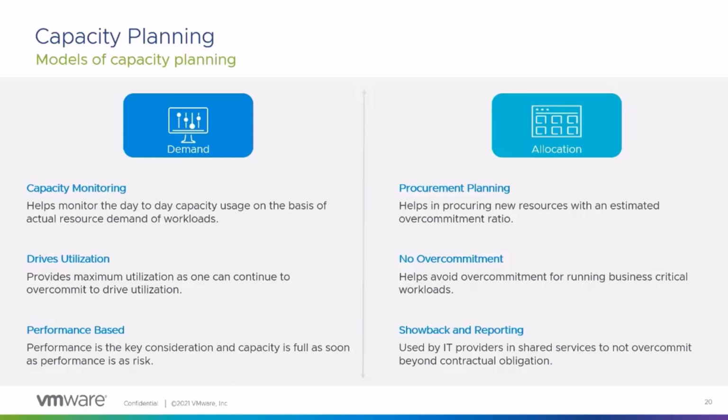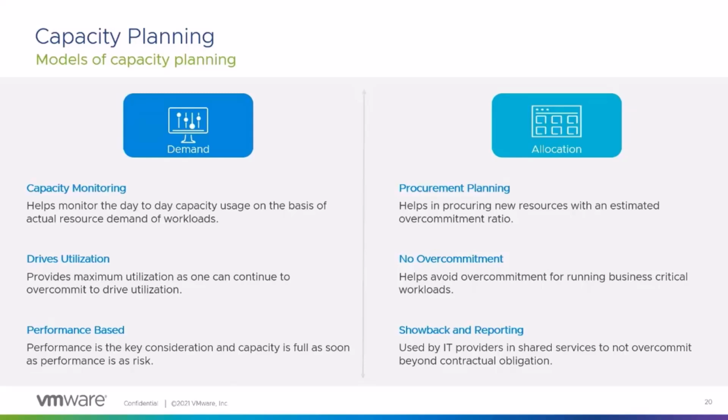From an allocation perspective, it can be useful for procurement planning or environments with no overcommit. So it's a very strict environment where, from an allocation perspective, you don't care about the utilization. I don't care if the virtual machines are running at 100% or at 0. The actual utilization of the virtual machines doesn't matter. It's what's provisioned to the virtual machines that is important.